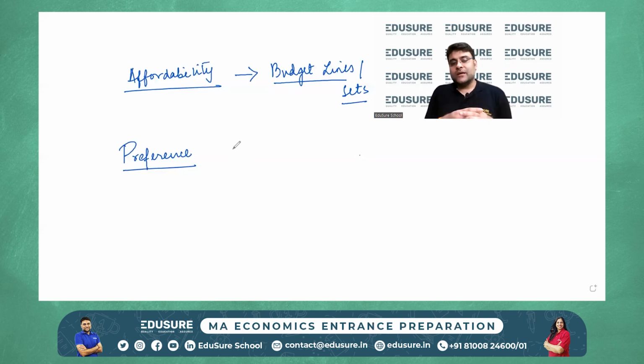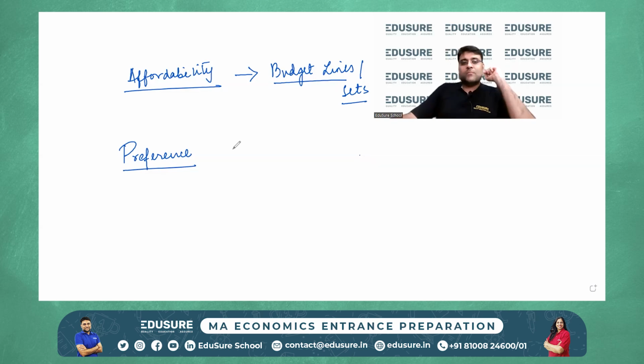And looking at the affordability, we can then comment about which bundle the consumer is going to ultimately choose. So only affordability is an incomplete picture. Only preference is an incomplete picture. Only when these two are combined can we talk about the optimal consumption bundle.